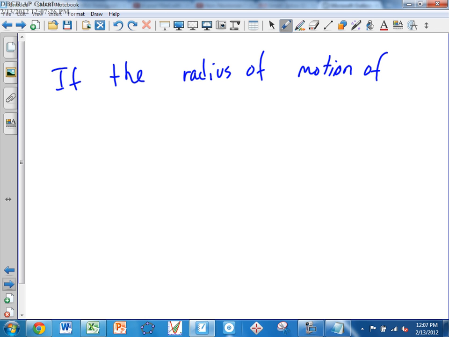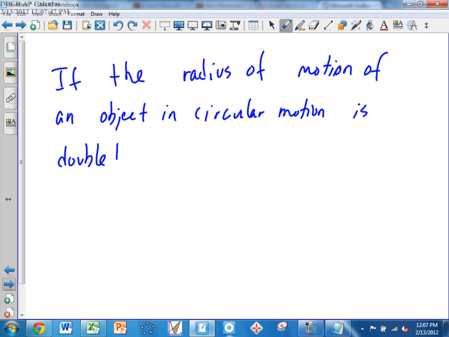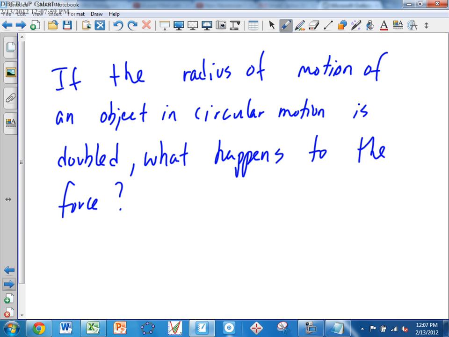If the radius of motion of an object in circular motion is doubled, what happens to the force? Okay? You know what? I promised you I'd go over the test. Think about this tonight. Try this tonight.